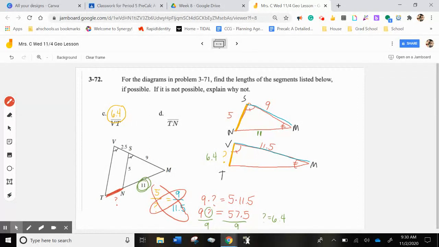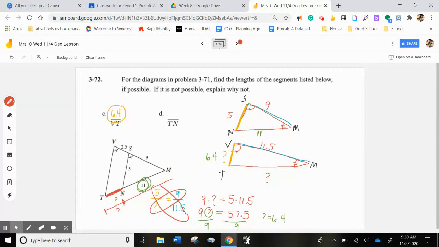So a couple ways you could do this. The first is we could find this side here. We could get this entire length TM. Think about it, we need this small chunk, and we already know that the rest of that is 11. So if we find that big side, we can just subtract off 11 to find the measure of TN. So let's try that way.